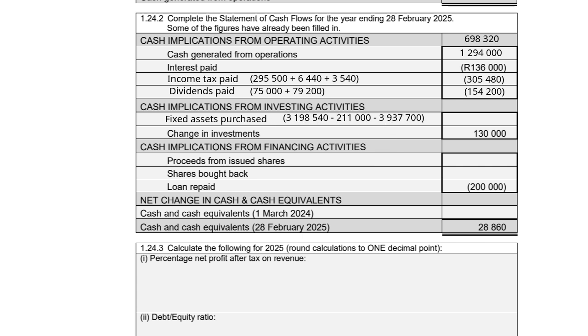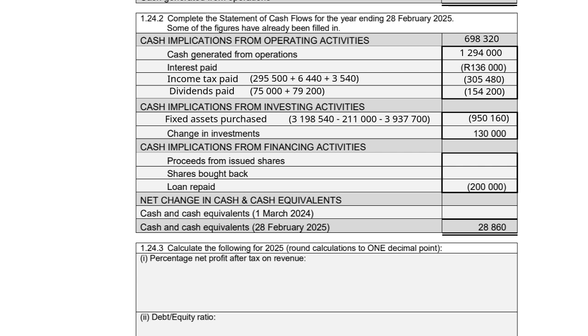So if we do that, it's 3,198,540 minus our 211,000 depreciation, minus our closing balance of 3,937,700 Rand, and then our fixed assets purchased will be negative 950,160.